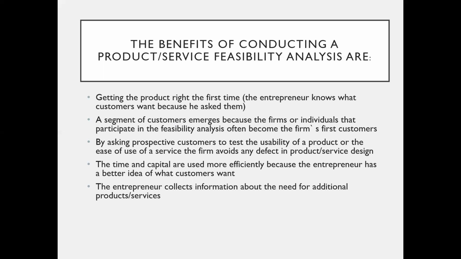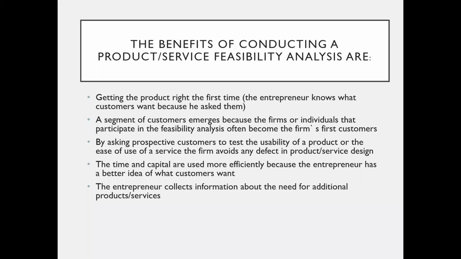Next, a segment of customers emerges, because the firms or individuals that participate in the feasibility analysis often become the firm's first customers. Here, we will get to know whether the product is feasible or not by giving an option for the customer to use it and try it, and let us know whether they are ready to accept this product or not, because of which we can know who can become our customer or not.